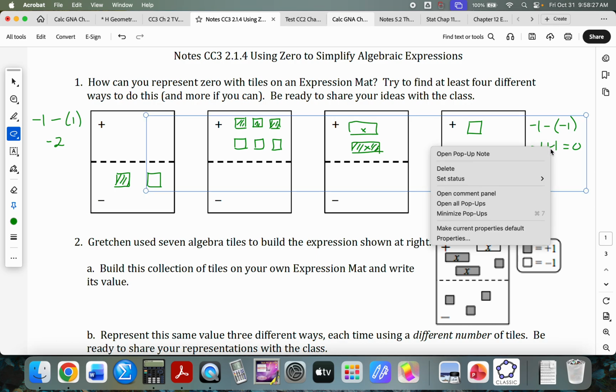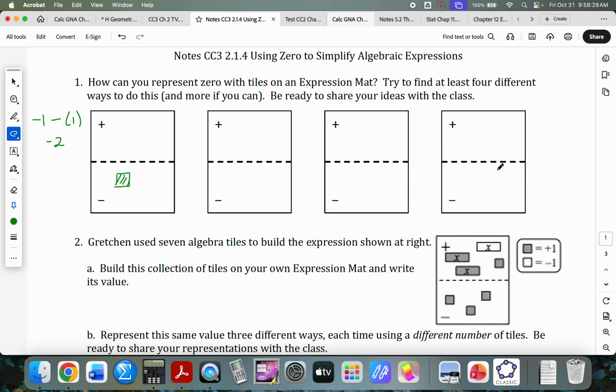So we could, for example, if I put a positive X tile up here, what can I put in this region to make a 0?